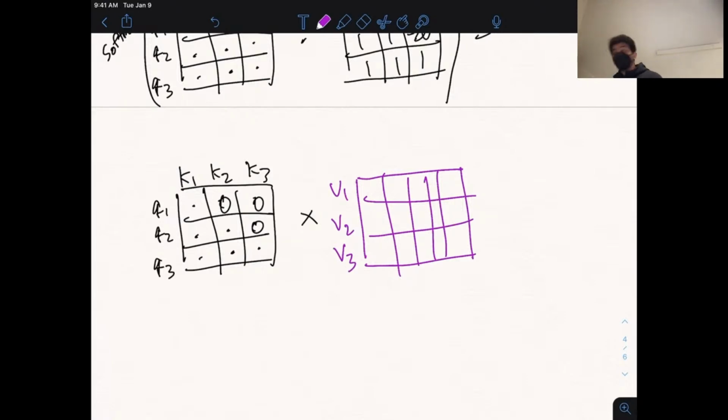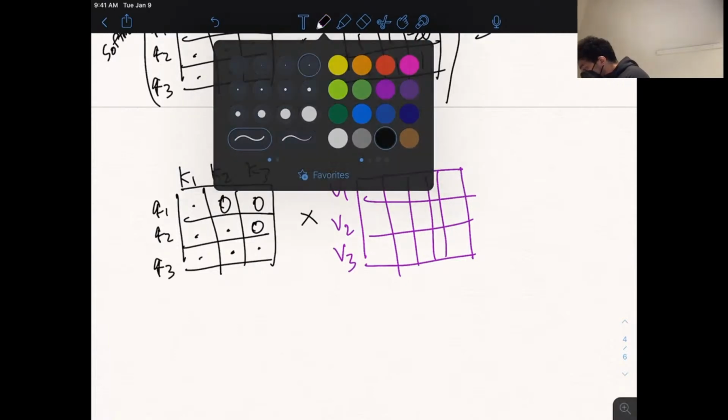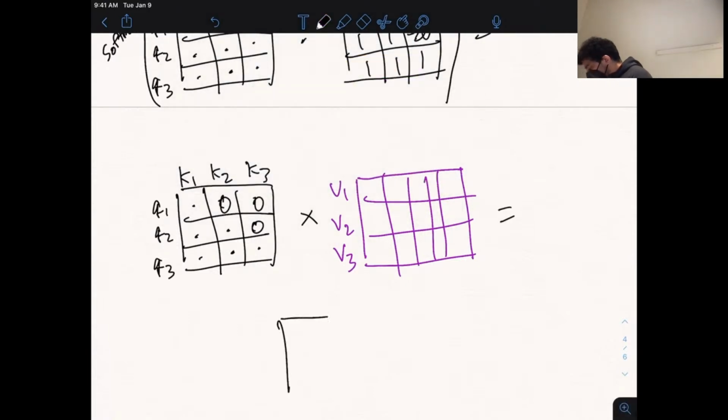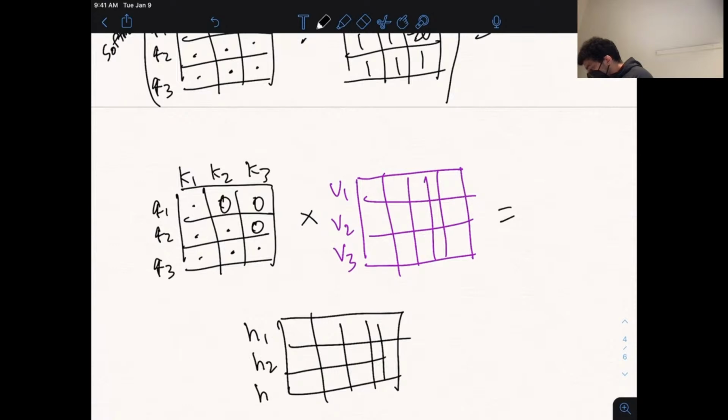So when I take this product, I get the value weighted average. Essentially, this equals a new matrix, H1, H2, H3. So each row of this resulting matrix contains the value weighted average that I actually want to get.